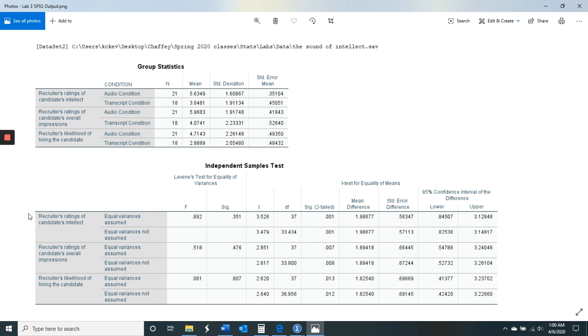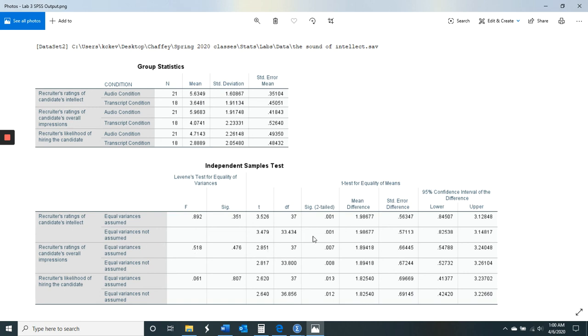The t-test information for intellect is here. The t-test information for overall impressions is here. And the t-test information for hiring, likelihood of hiring, is here. So just make sure you know that these are 3 different t-tests, and you can see that there's 1, 2, 3. Remember to look at equal variances only. So equal variances, this is the intellect. Look at this line for your information.